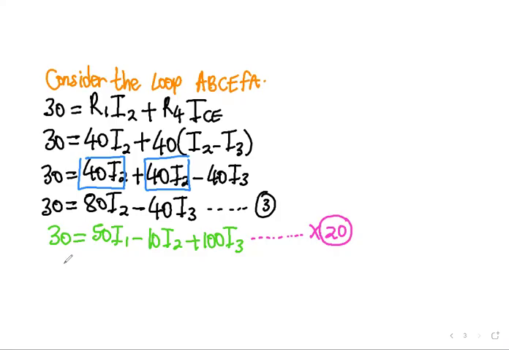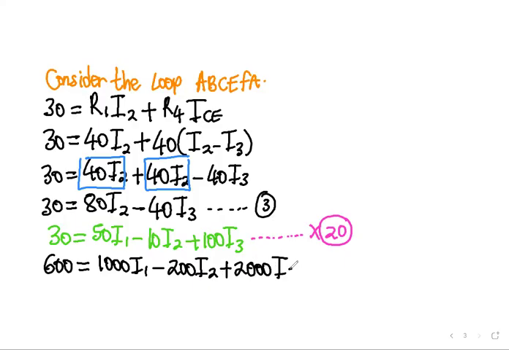When you multiply, 30 times 20 gives you 600, equals 50 I1 times 20, which gives you 1000 I1, and then negative 10 I2 times 20 is negative 200 I2, and then plus 100 I3 times 20 is positive 2000 I3. This on its own gives us equation number 4.